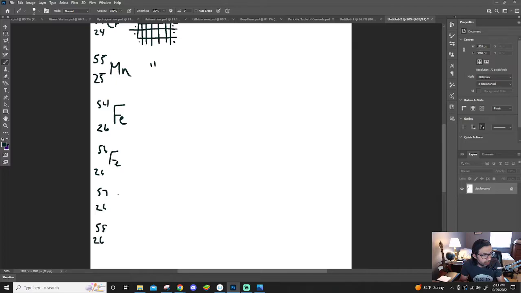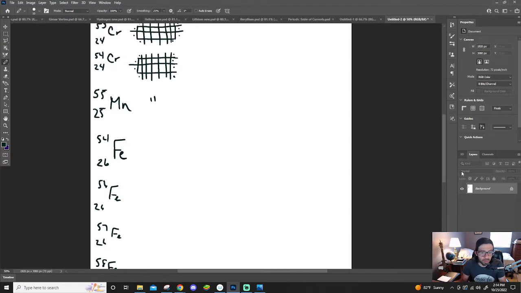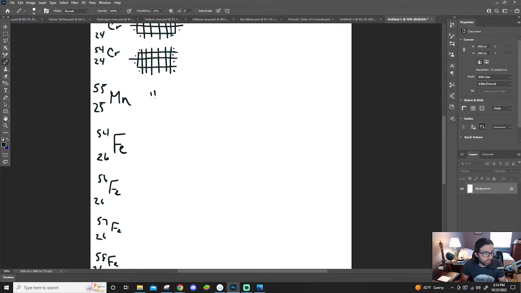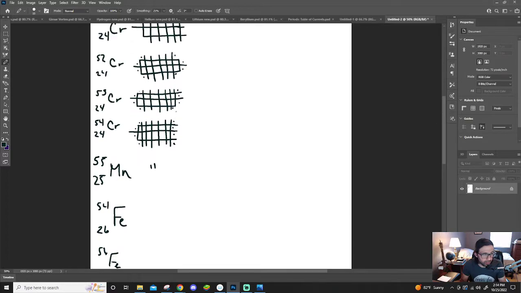Iron. So this one's got 28, so let's just go up here. Manganese wasn't able to stabilize around this structure, but iron is.